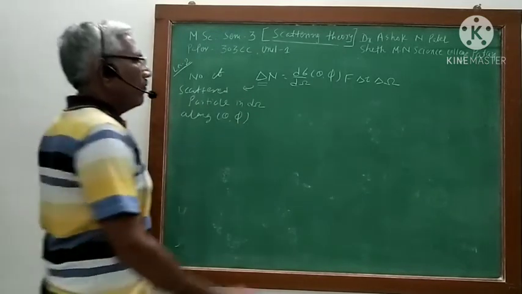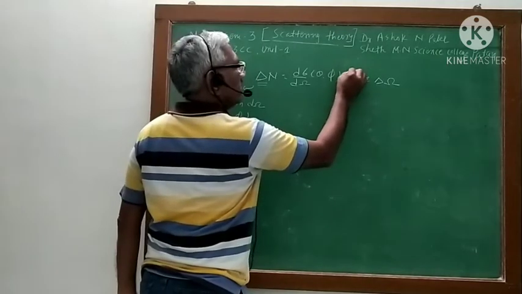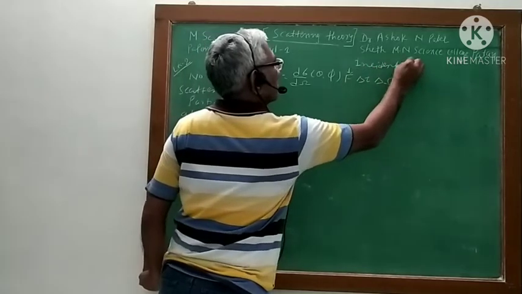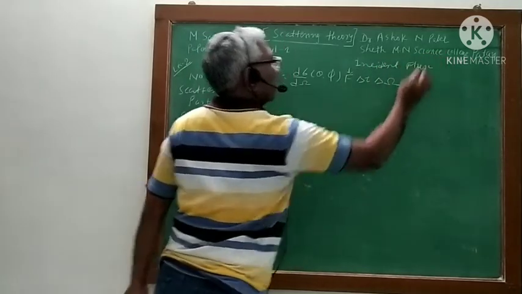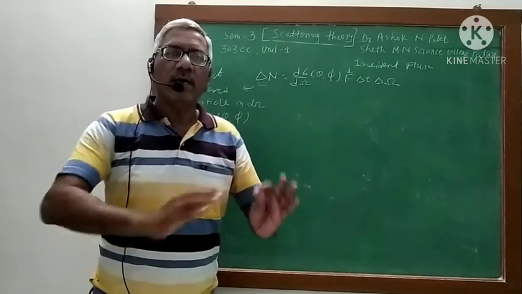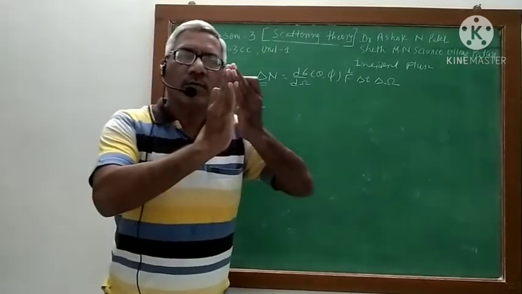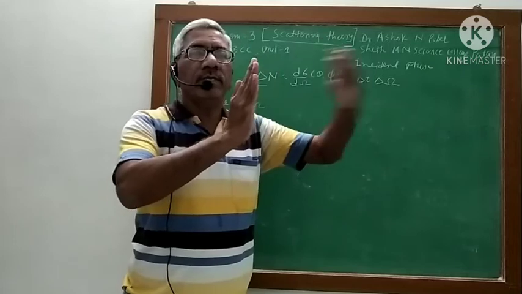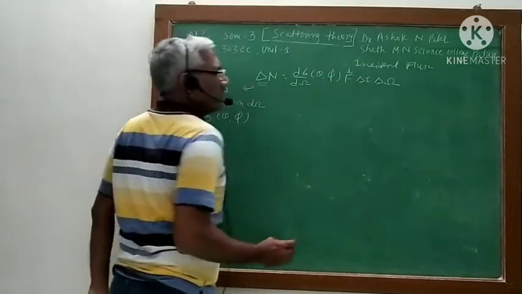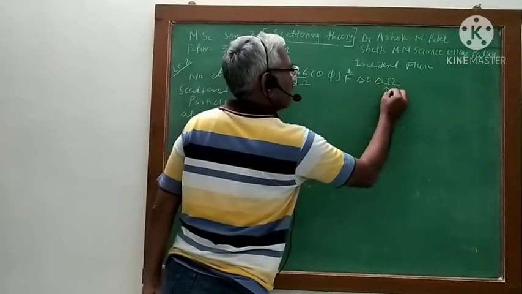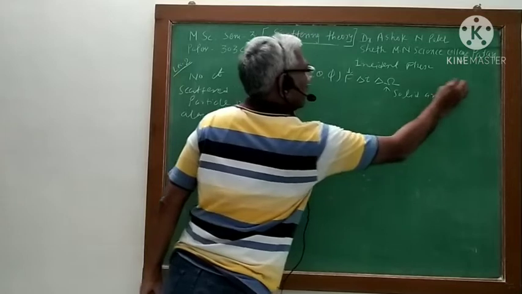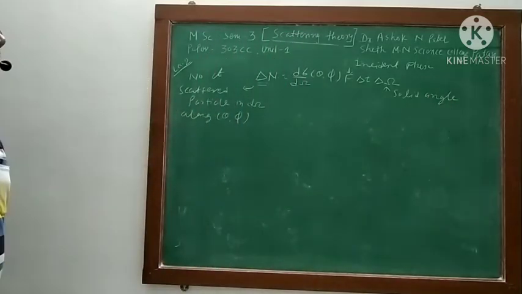What is F? F is nothing but the incident flux. Incident flux is nothing but the number of particles crossing per unit area per unit time. Delta t is time, and delta omega is the solid angle.